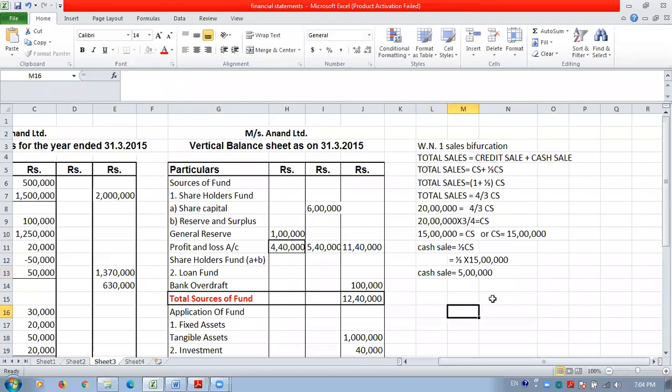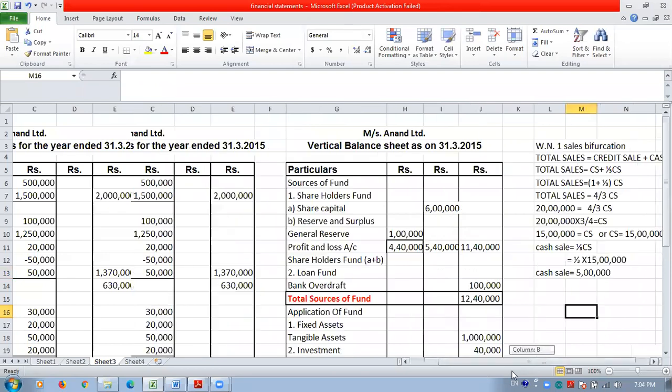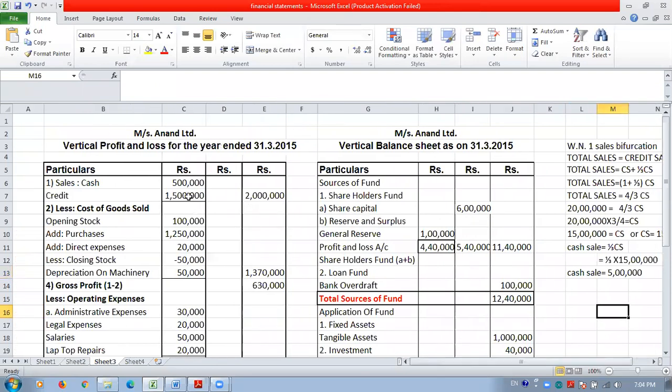So we got the cash sale amount and credit sale amount. We put this credit sale 15 lakhs in the credit sale row, and cash sale 5 lakhs is put here. So we bifurcated this 20 lakh sale into 5 lakh cash and 15 lakhs credit. So that adjustment is over.